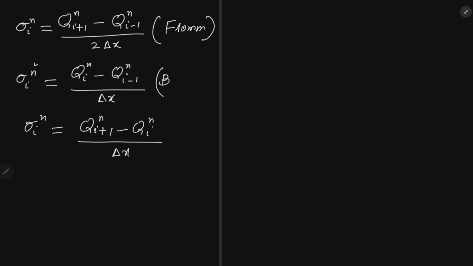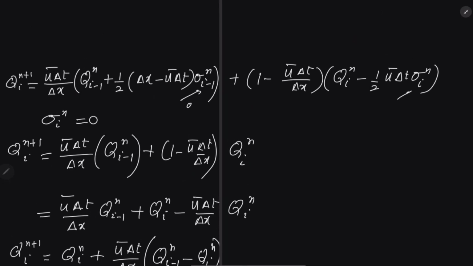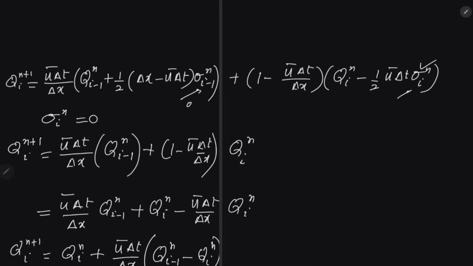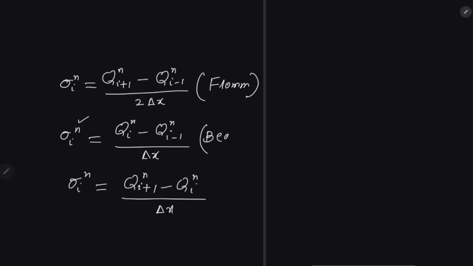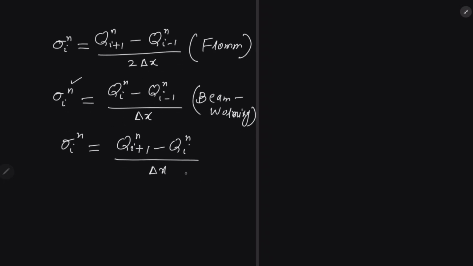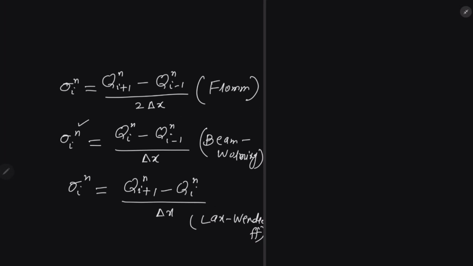When we put this sigma into the previous equation, we get the Beam-Warming method. I recommend you put these values in and find out the method form yourself. And for the centered one, we have the Lax-Wendroff method. So these are the different slope choices.